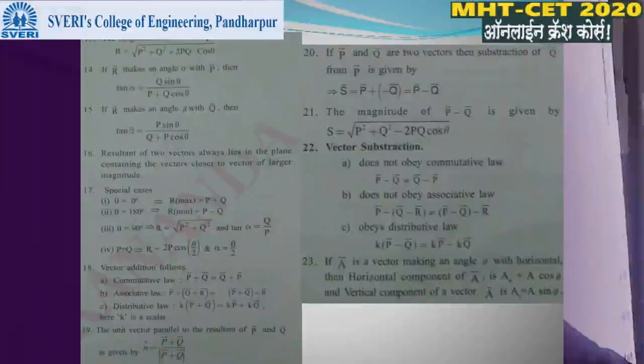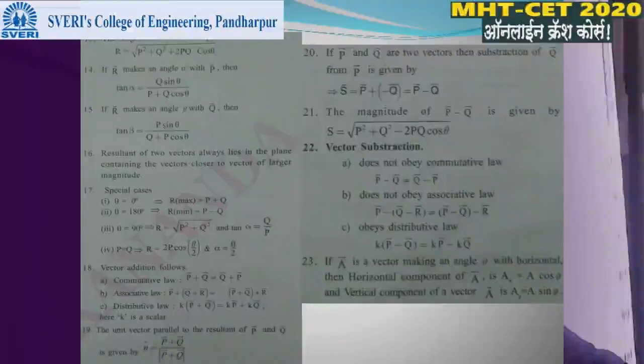Means p bar minus (q bar minus r bar) is not equal to (p bar minus q bar) minus r bar. But in case of vector subtraction, your distributive law obeys: k into (p bar minus q bar) is equal to k p bar minus k q bar.